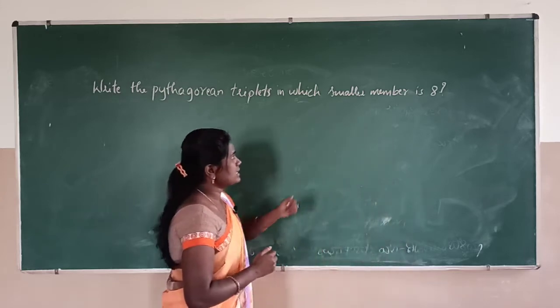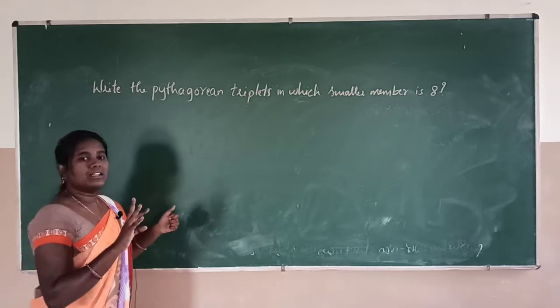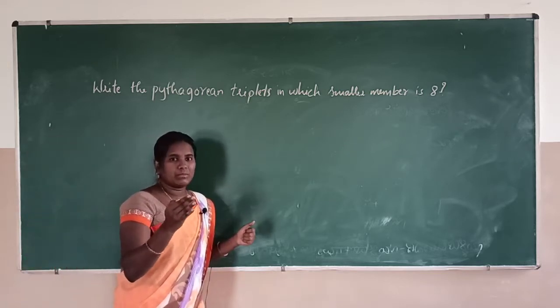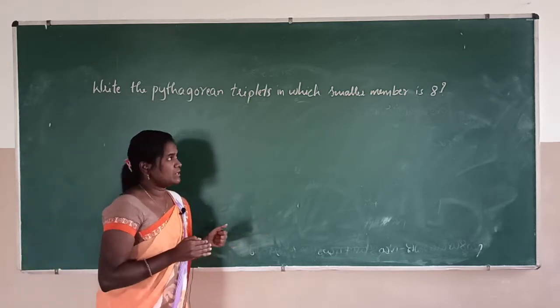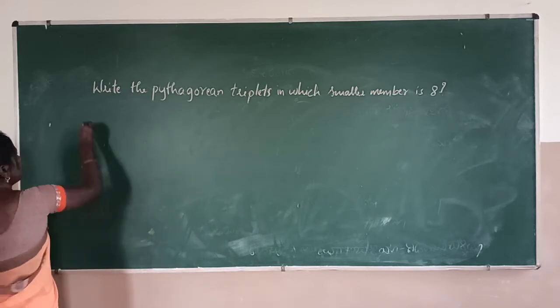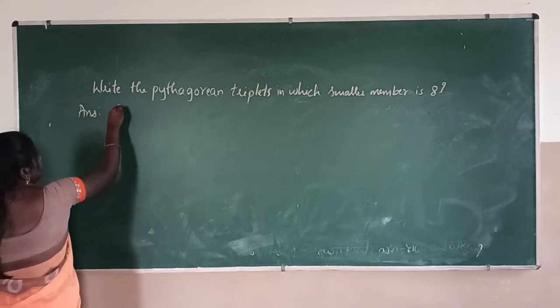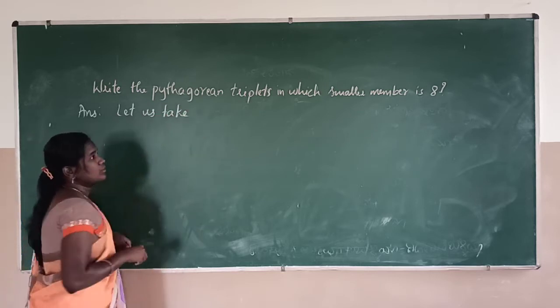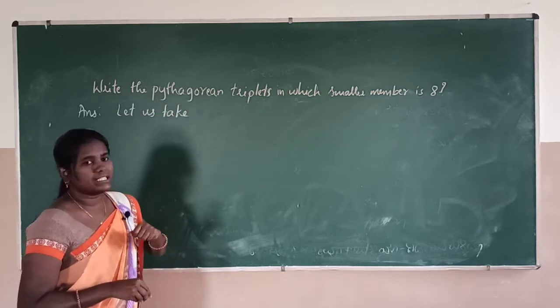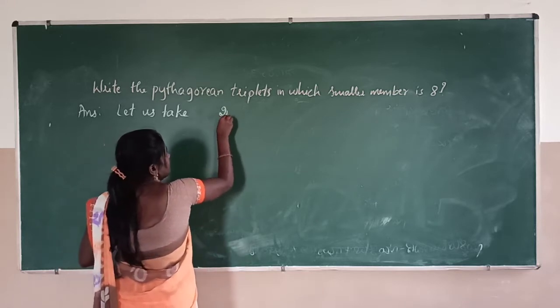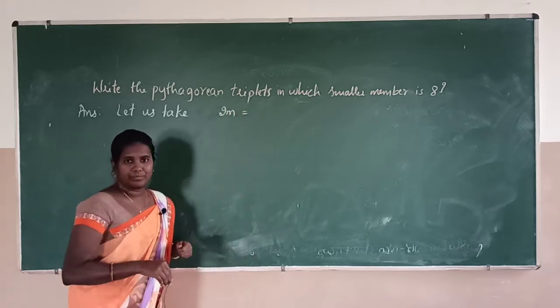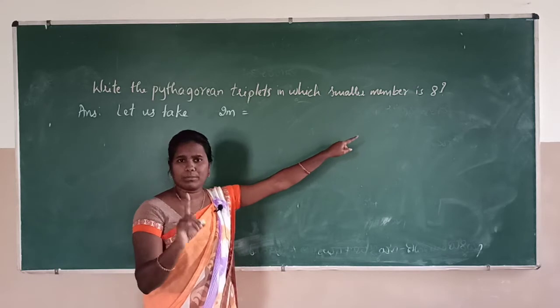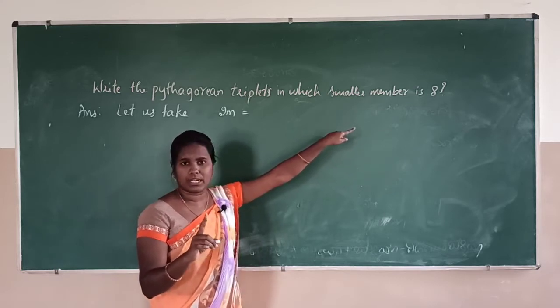Now let us find it by using the formula, that is 2m, m square minus 1 and m square plus 1. We can consider 8 as 2m, because it is given that 8 is one member in that, the smaller one.